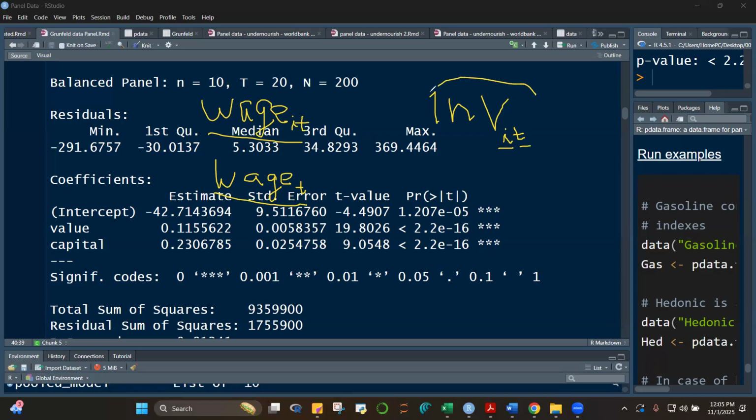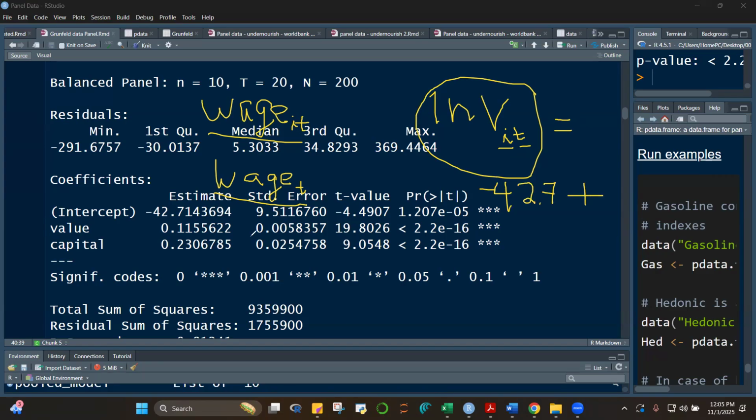So that's why when you write this, your dependent variable is investment sub IT, and it will be equal to, so our model is negative 42.7. Let me just drop the decimal places.